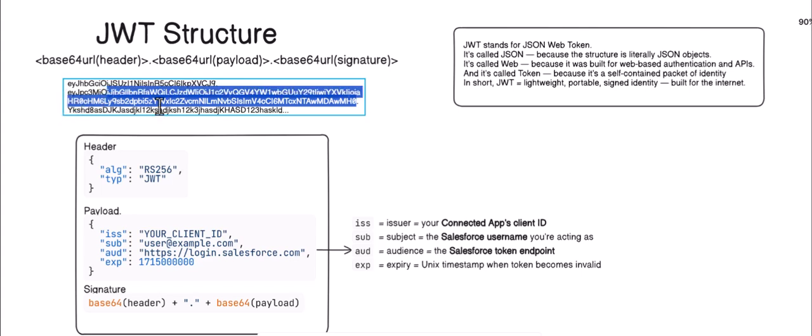The server also hashes these two components of the JWT, and using this hashed data plus the public key, it verifies the signature. If you remember, the server already has the public key as part of the certificate.